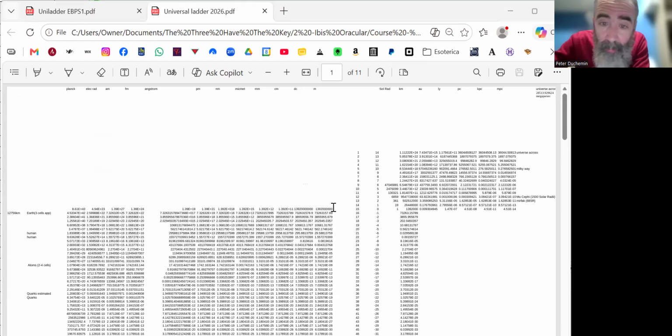It's hard to tell, but so this is the thing in meters. So you wouldn't really want to measure the sun in meters, but this is the size of the sun in meters.